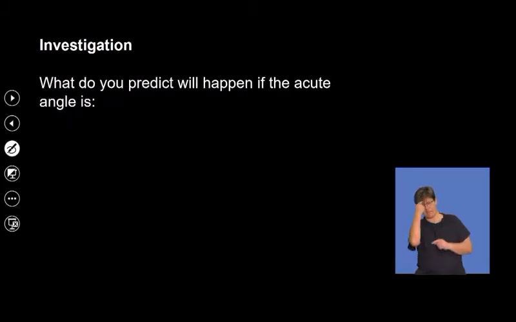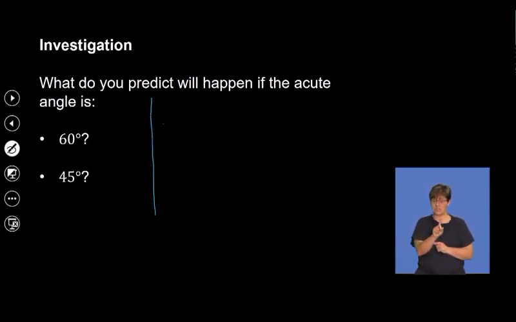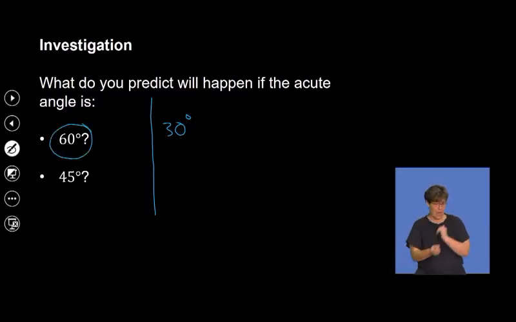Now, what do we predict if the acute angle is 60 degrees? What do you think? Also, if it's 45 degrees, what do you think? I want you to think about that. Remember, we've only been looking at the acute angle being 30 degrees. Now I want you to look at what happens if it's 60 degrees, and what happens if it's 45 degrees.